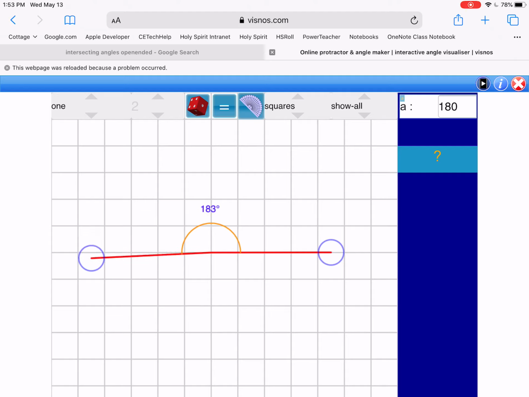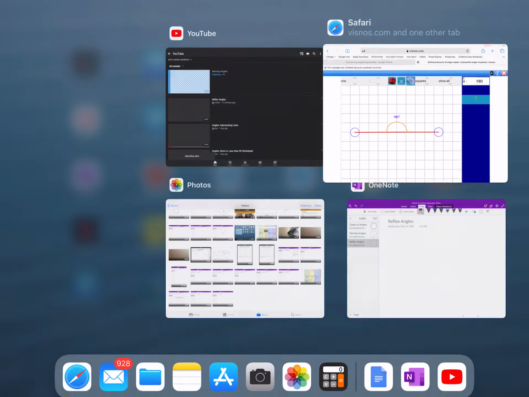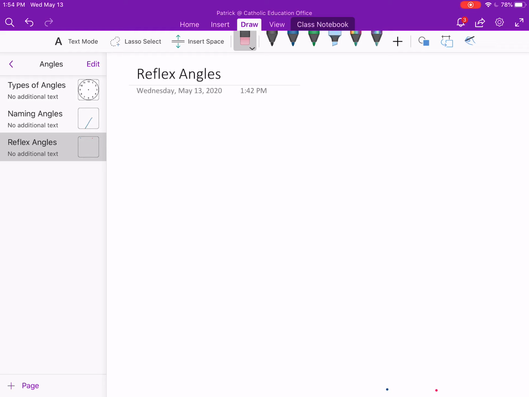If it goes past 180, some angles start here, they keep turning, past 90, they keep going, they're greater than 90. Then they get to 180, and they keep turning. Anything past 180 is called a reflex angle, so they're greater than 180 degrees. So we're going to look at some different angles, and you're going to see if they're less than 90, more than 90, more than 180.